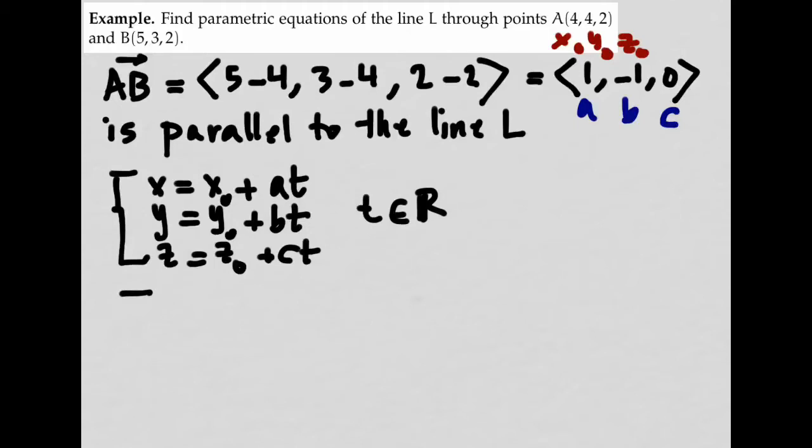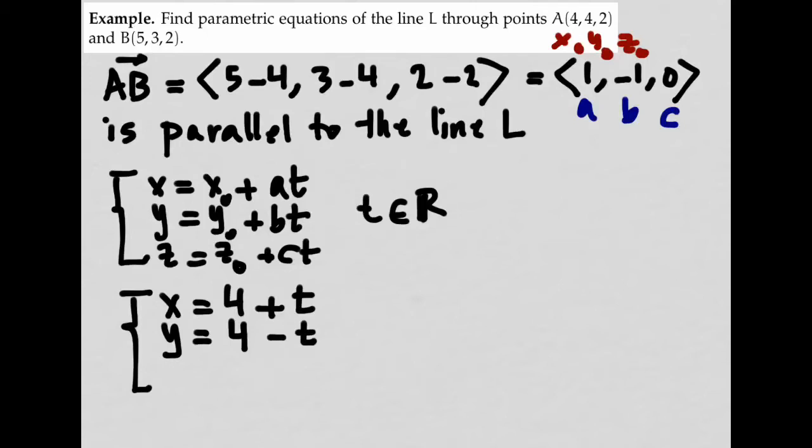Now we plug everything in. x equals x0, that's 4, plus at, that's 1 times t, that's 4 plus t. y equals y0, which is 4, plus bt, that's plus minus 1 times t, so that's 4 minus t. And z equals z0, which is 2, plus ct, that's 0 times t, so that's just 2. These are parametric equations of the line through points A and B.